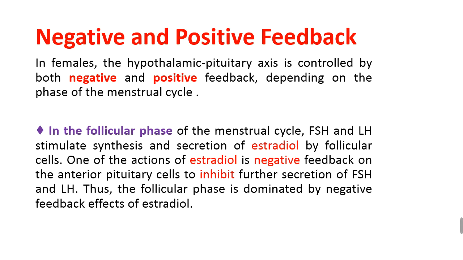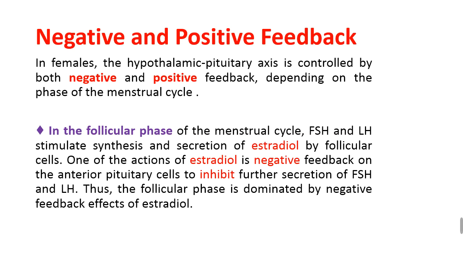What is the negative and positive feedback mechanism that controls the production of sex hormones in females? In females, the hypothalamic pituitary axis is controlled by negative and positive feedback depending on the menstrual cycle phases.